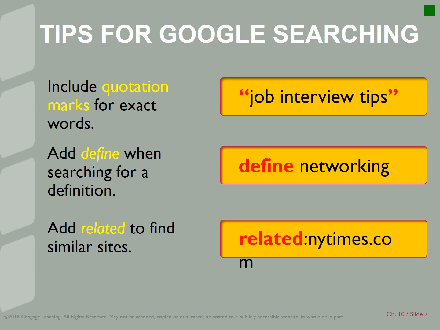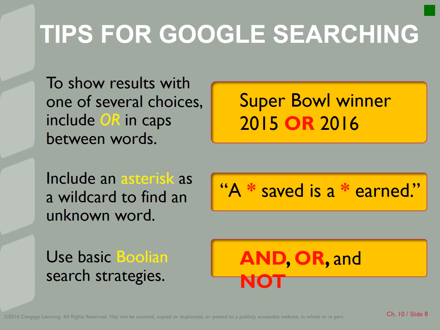You of course can use the internet, so using Google as a search engine. Here are just some tips as far as how you can use Google, the search terms that you can use to find information on your topic. On this slide, you will find some strategies for using OR.